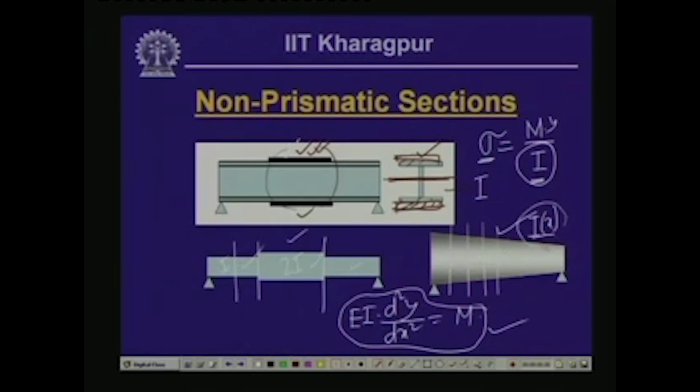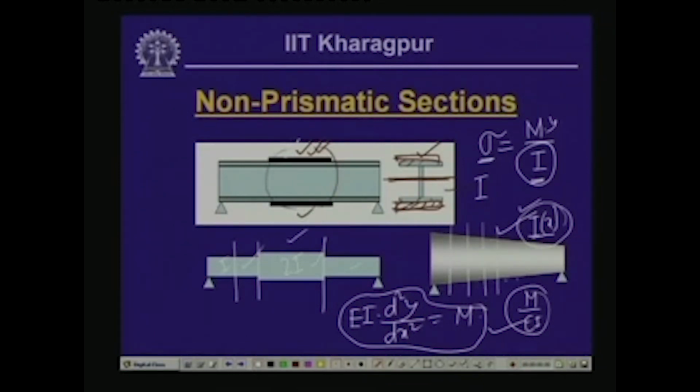Now, since this I is in the denominator, as you have seen when we compute the M by EI diagram, this becomes a little complex when we try to evaluate the slope and deflection, but still we can use the moment area method in evaluating the deflection and the slope of such beams by making a little simplification.